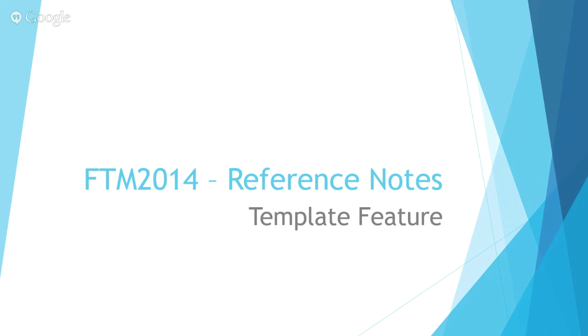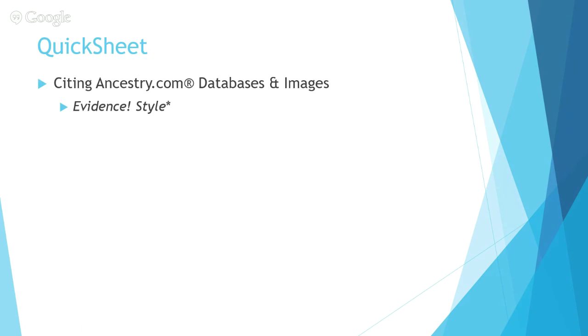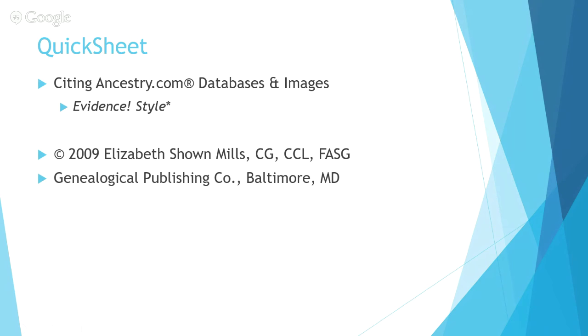And this came out of a study group in the Dear Myrtle Google Plus community on chapters 1 and 2 of Evidence Explained. And what I did for me to understand how to do this crafting of a citation, I used a quick sheet, and the quick sheet that I used was Citing Ancestry.com databases and images evidence style by Elizabeth Shown Mills, and it was published by Genealogical Publishing of Baltimore, Maryland.